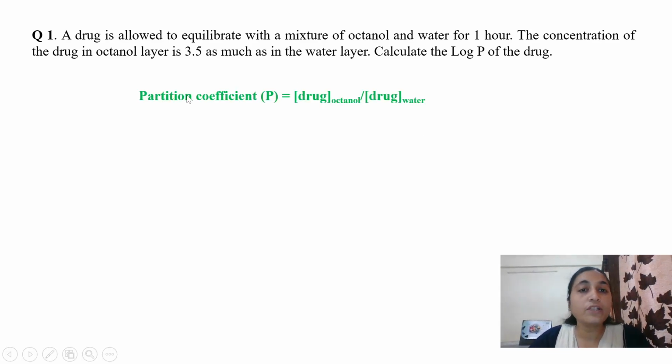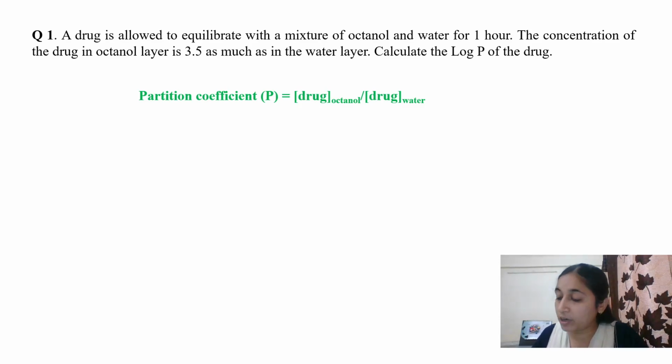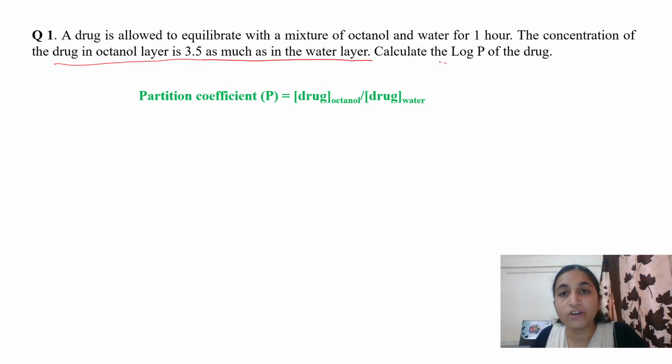So we all know the partition coefficient P equals drug in octanol upon drug in water, right? In this question, the drug in the octanol layer is 3.5 times as much as in the water layer, and they want us to calculate log P of the drug. So 3.5 times as much as in the water layer means what?